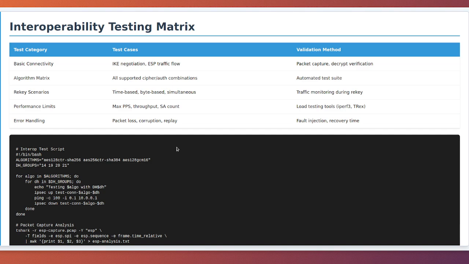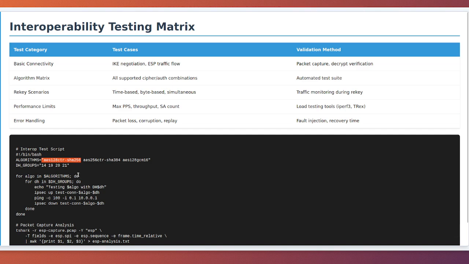The first step in interoperability testing is establishing a controlled test environment where you can systematically verify each aspect of the ESP implementation. Start with basic connectivity using the simplest possible configuration: AES-128-CTR with HMAC-SHA256, no advanced features.